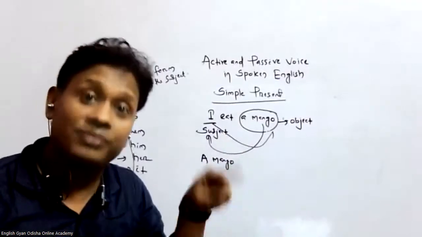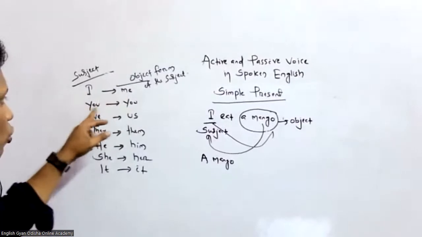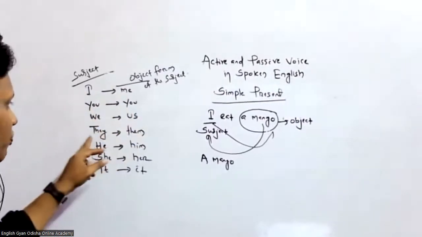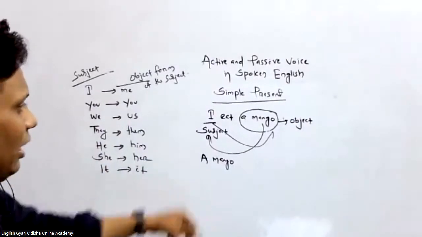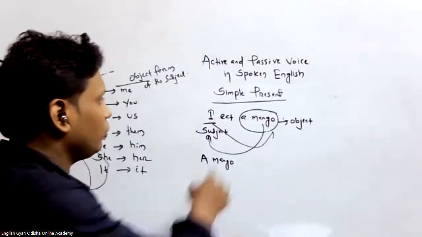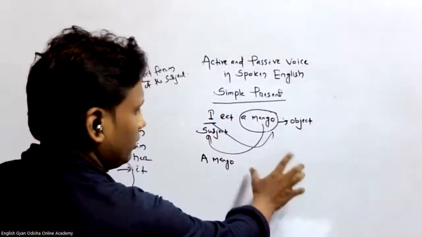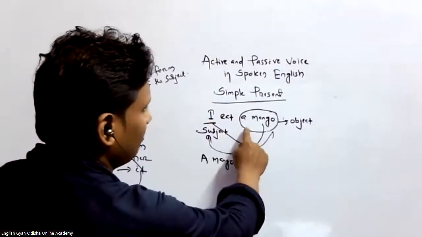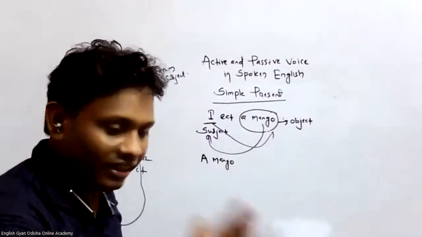It has to take the object form. What is the object form of I? Me. You, we, us, they, them, he, him, she, her, it. I have already informed you. Then it will be here as me. Now I will be placed in the place of a mango in the form of me.